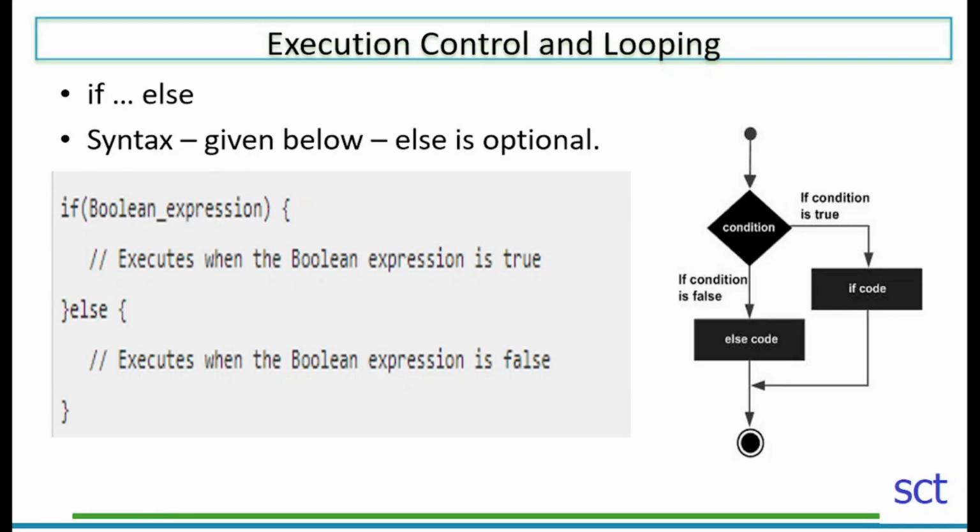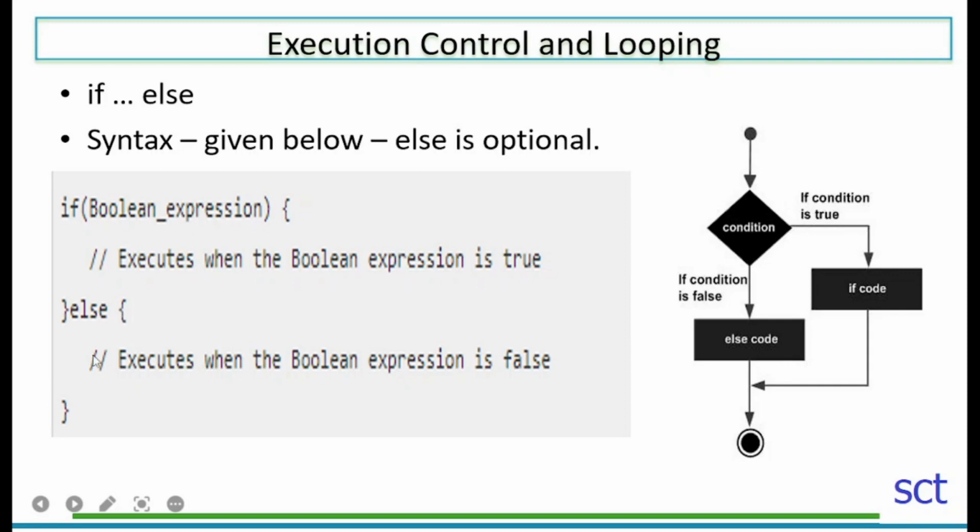If this boolean expression is true, whatever is within these curly brackets will be executed. If you have more than one statement, it is given within curly brackets. There is an optional else part here. If the boolean expression is false, then the else part will be executed.